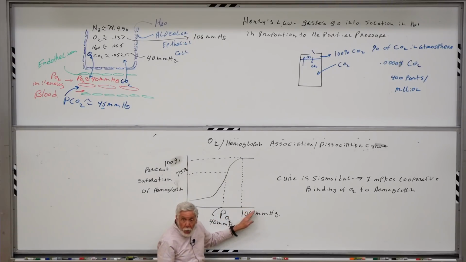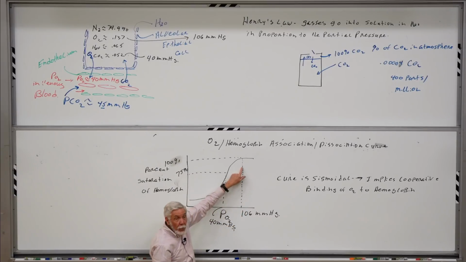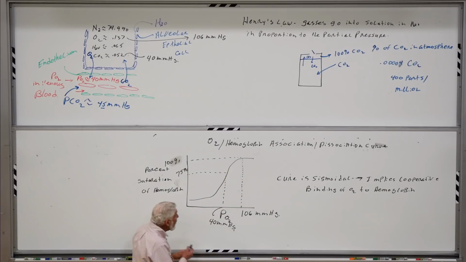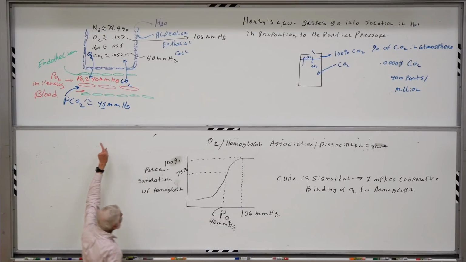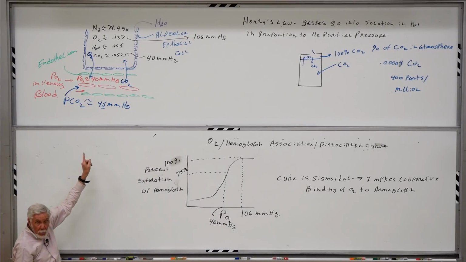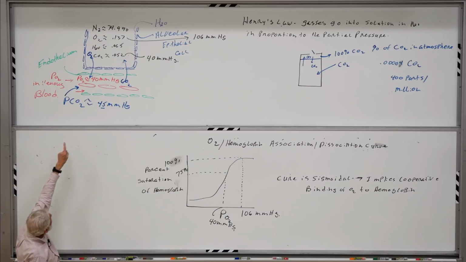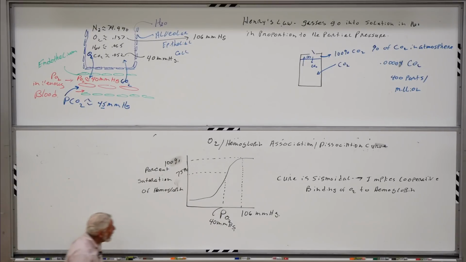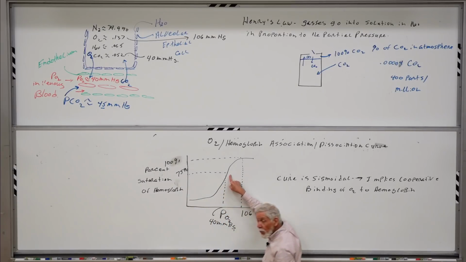At the partial pressure of oxygen in the alveolar space, in the lung, all the iron in the hemoglobin molecules is occupied with oxygen. But even when the blood is returning as deoxygenated blood from the systemic vasculature and the partial pressures are in the neighborhood of 40 millimeters of mercury, we still have 3 of the 4 iron atoms occupied with oxygen.